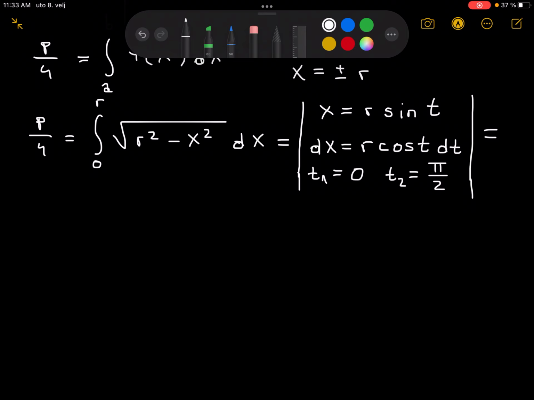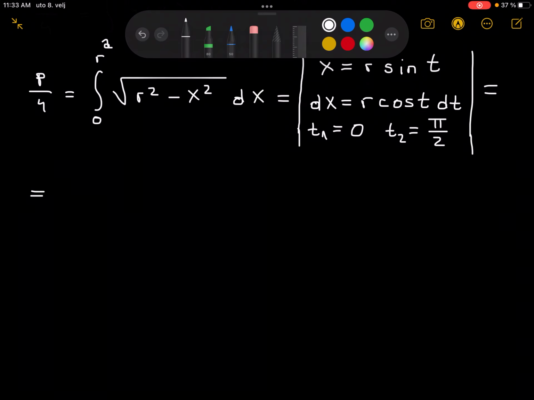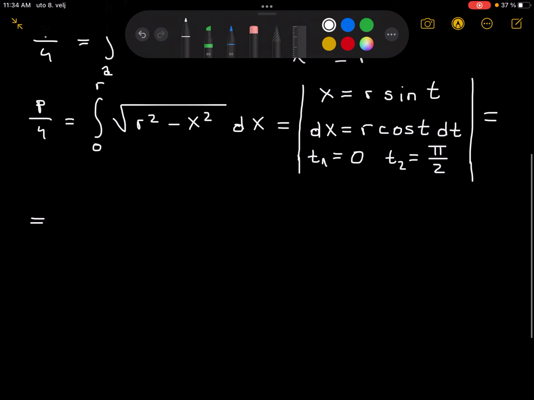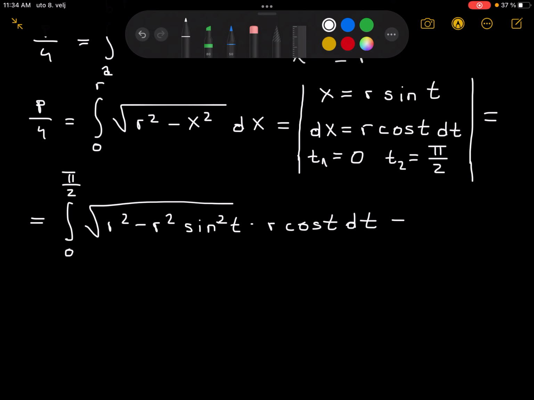So I'm going to be getting the integral from 0 to pi over 2 of the square root of r squared minus r squared sine squared t times r cosine t dt.